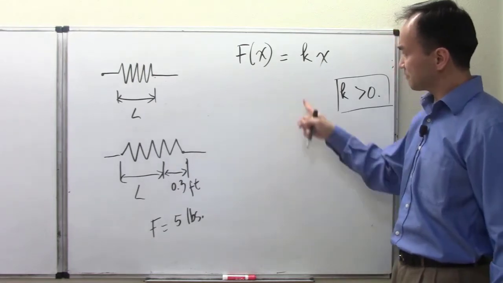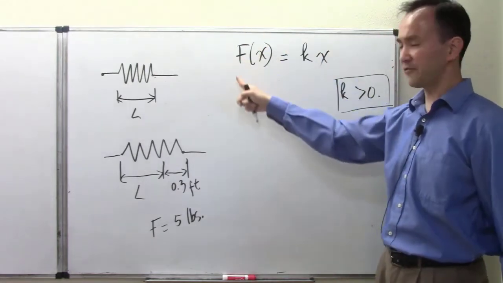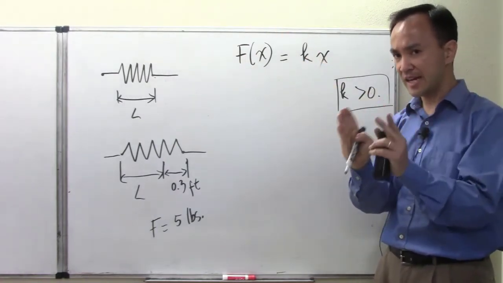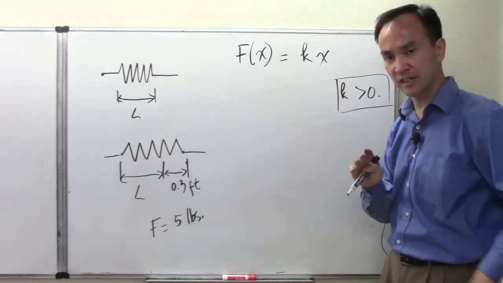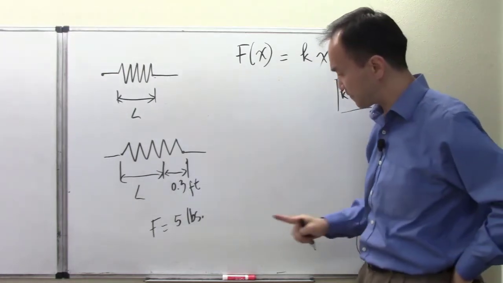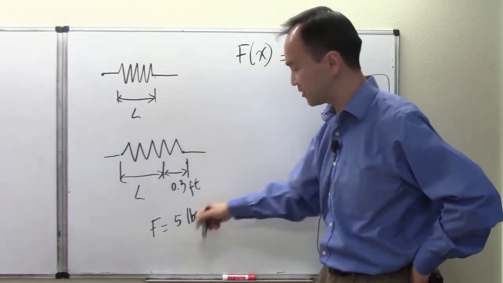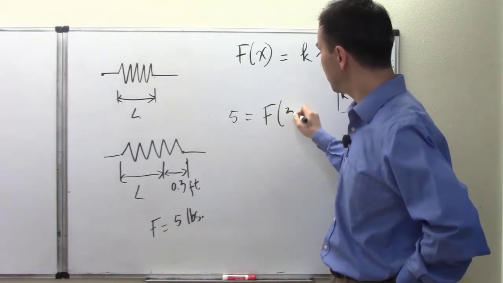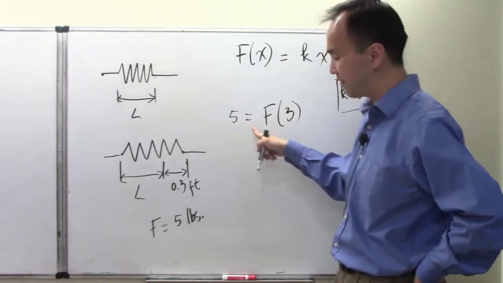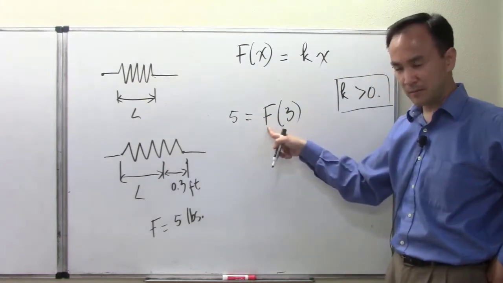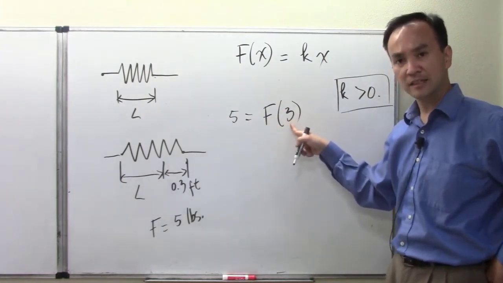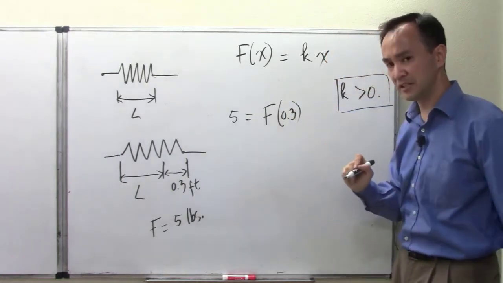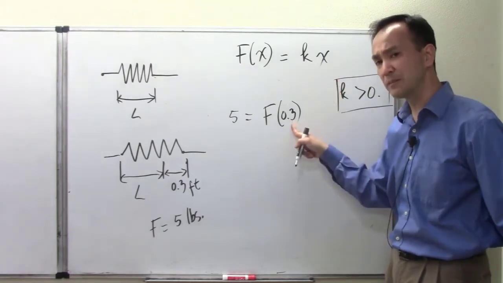Now, this is the general description of how much force we need to maintain the spring stretched or compressed at some distance x away from its natural length. In this case, we know the force is going to be 5 pounds. That's why I'm writing 5 equals force. The force to stretch the spring out 0.3 feet beyond its length, because the x here, I'm substituting 0.3 into my function.